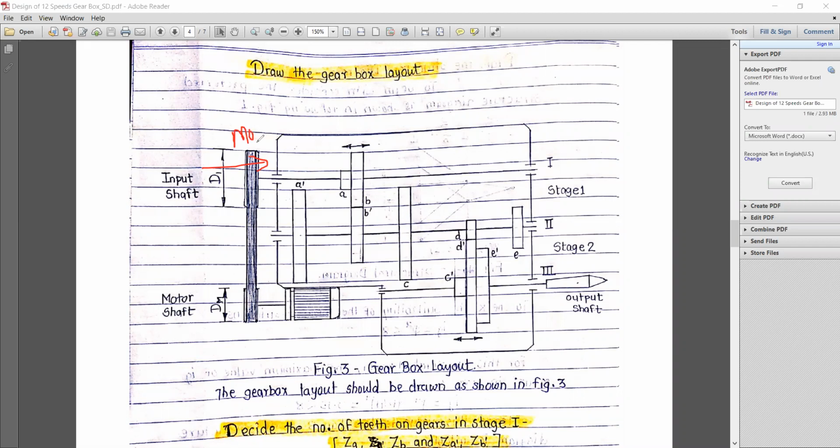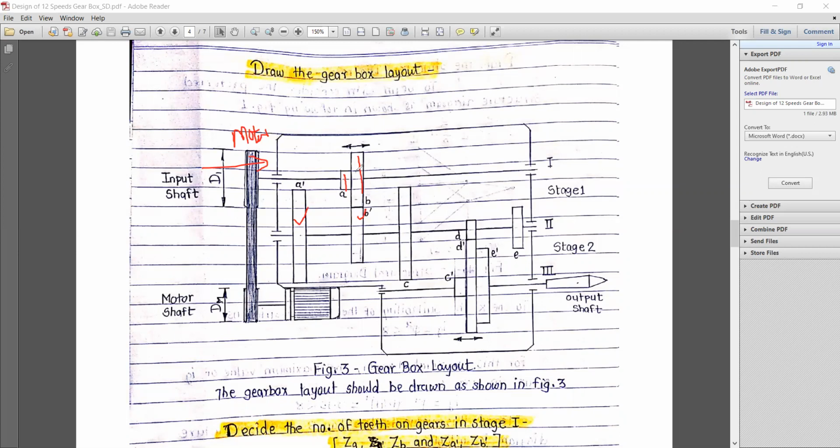From the motor shaft only one input is there, so the gear is arranged in that manner. In a single stage there are only two outputs. This is the first output and this is the second output, so that's why we are selecting these two gears.